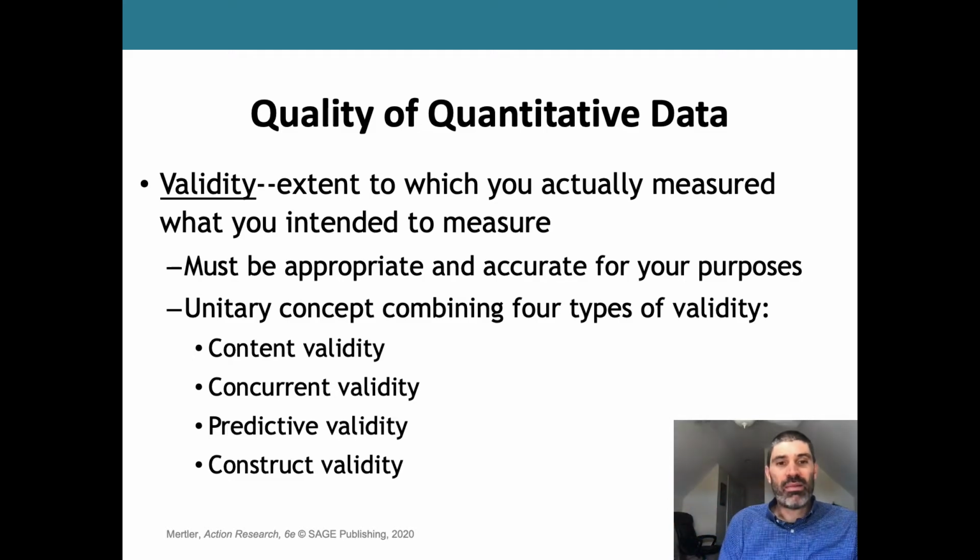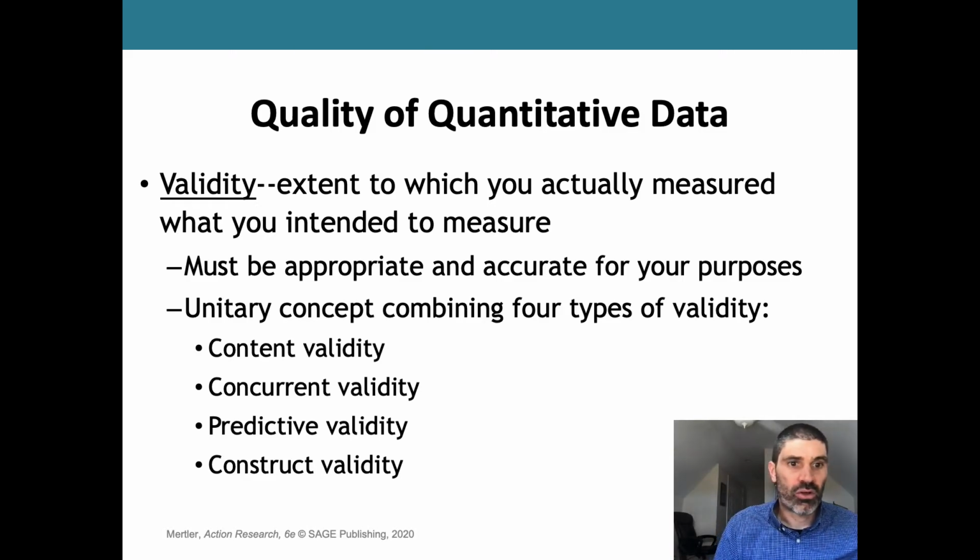And so maybe I'm measuring working memory, but I think I'm also measuring short-term memory. So content validity is, is my measurement actually getting at the content that I think it's getting at? Am I really getting at working memory, or am I also getting at short-term memory or long-term memory? And so it's being able to say that my measure is getting at this, and it's not getting at this, or it might be getting at this and this.